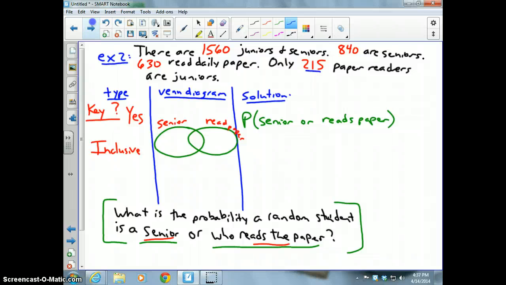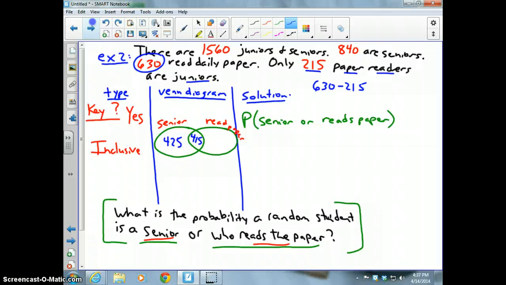Well, 215 paper readers are juniors. So of the 630, 630 minus 215 means there must be 415 senior paper readers. There's 840 seniors in all. So 840 minus 415 leaves me that there are 425 other seniors who don't read the paper.